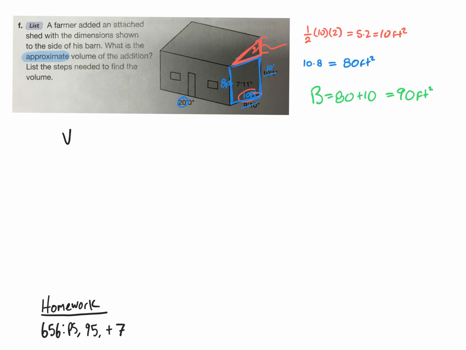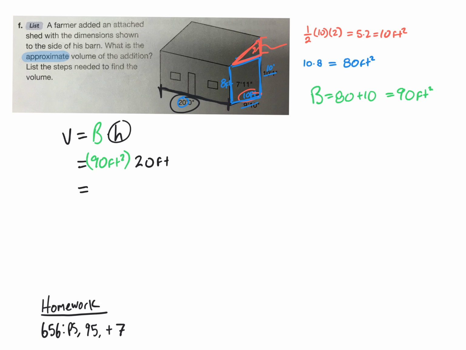So as I find the volume of this whole addition that he added onto his barn, I'm going to say big B, the area of the base, times the height. So that's going to be 90 feet squared times the height. Well, what is the height? Remember, the height is the distance between my bases, in this case 20 feet.